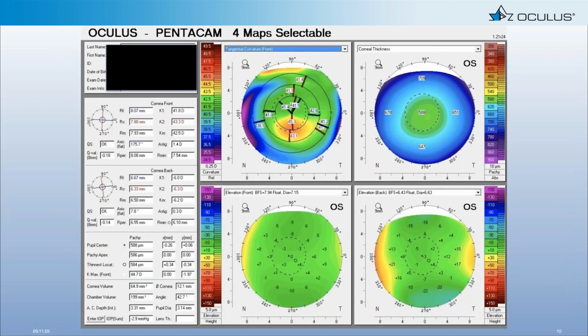Now we could look at another case. Here's another corneal topography. The upper left picture shows us our corneal map, and that certainly looks suspicious for keratoconus as well. As we move through the other types of maps, though, we can see that we don't see much corneal thinning. We see that the apex is fairly well centered still. And we look at our front and back elevation maps, there's very little difference between the two.